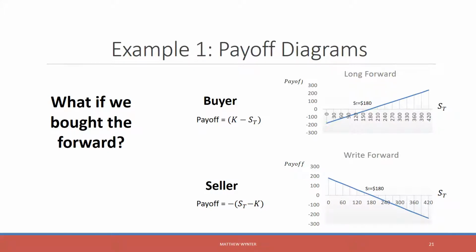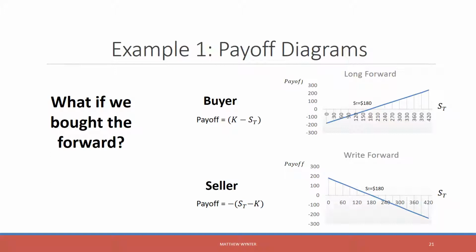First, hopefully it's clear that if we were to buy forward, as long as the spot price at maturity, ST, 6 months from now, is equal to or above 180, we're quite happy with our hedge. If it's right at 180, we've hedged perfectly. If it ends up being above 180, then we're even happier.